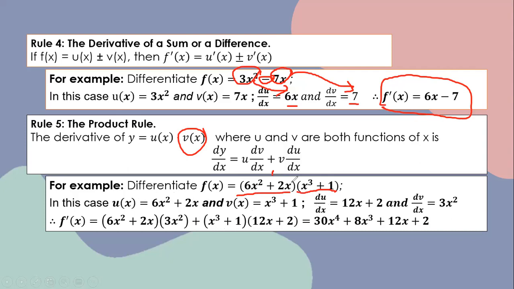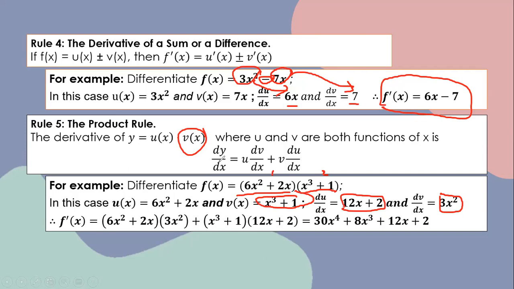Yun yung unang function. Tapos yung pangalawa ay x cubed plus 1. Okay. So find the derivative of each. So the derivative of u with respect to x is equal to 12x plus 2. Tapos yung isa ay 3x squared, itong si x cubed plus 1.